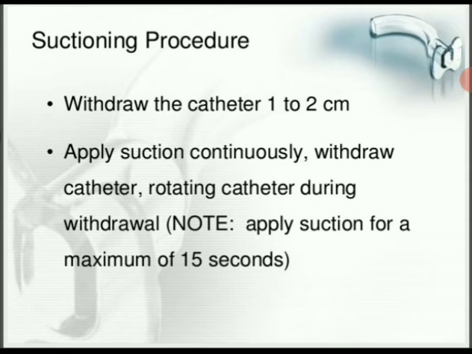These are the types of cough: cascade cough, huff cough, quad cough, and controlled coughing. What is controlled coughing? Ask the client to take 2 slow deep breaths, inhaling through the nose and exhaling through the mouth.